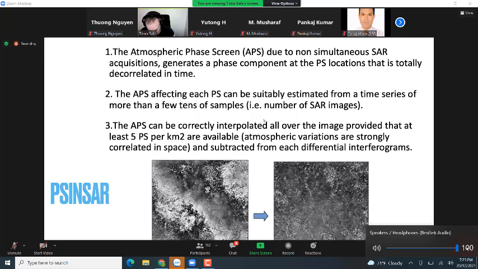And we are doing that because we know something about the atmospheric phase screen. We know that the atmospheric phase screen will change slowly in space, right? So if you go from one pixel to the next, the atmospheric phase screen will be similar. There will not be jumps.